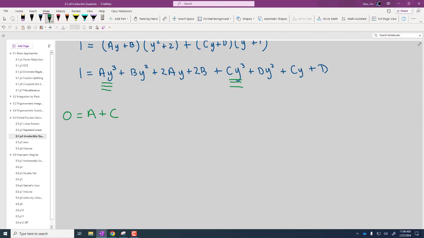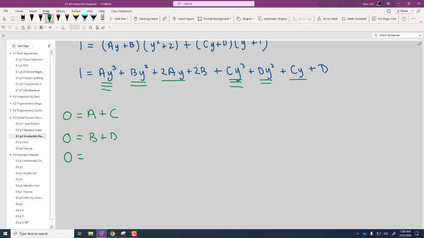Now let's go with the squares, powers of 2. On the left, the power of 2 is 0. And on the right, the power of 2 is b plus d. Now we go to the linear term. The linear term on the left has a power of 0.